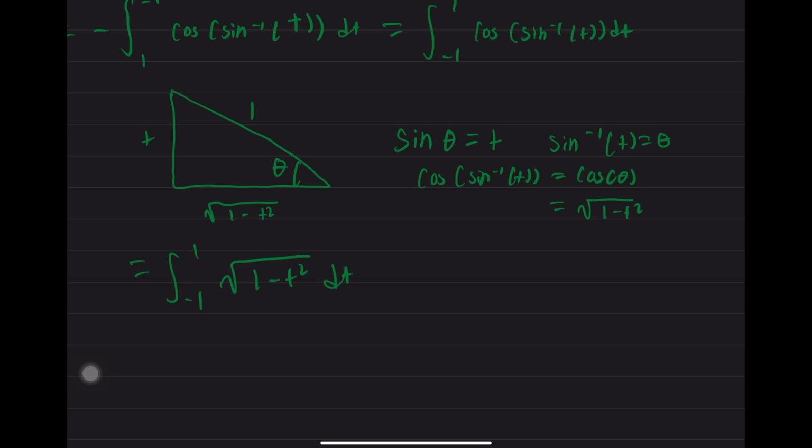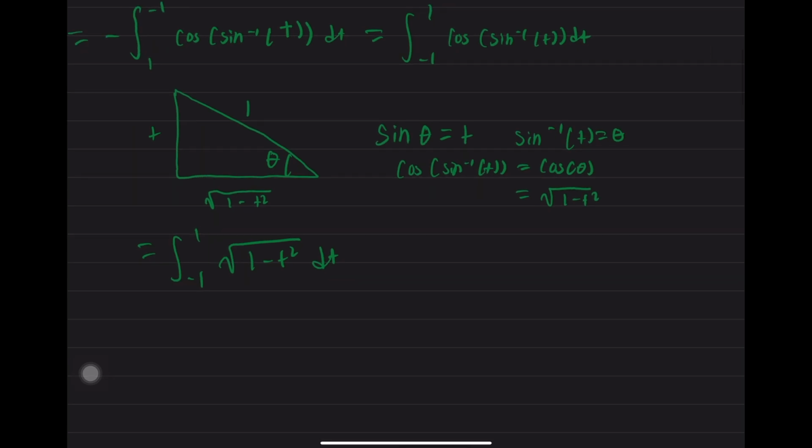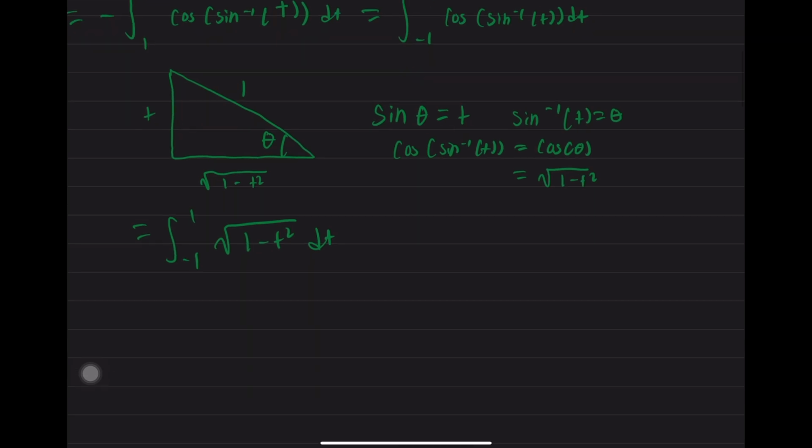You could do this in a couple of ways. One way, at least a nice way to look at this, is as a circle. Let's say we draw a circle like this. For the square root of 1 minus t squared, let's say we have negative 1 here, 1 here.